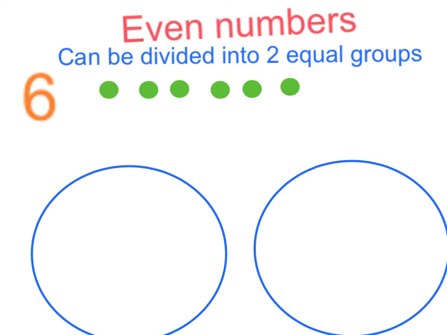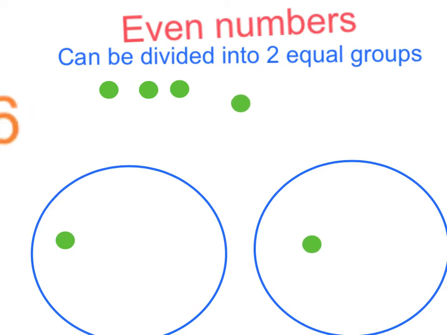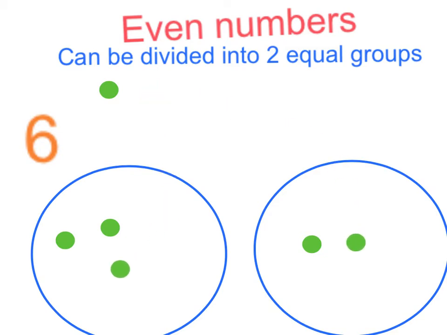We put one in this group, one in that group, and so on, until we have 6 counters equally shared amongst these two groups.